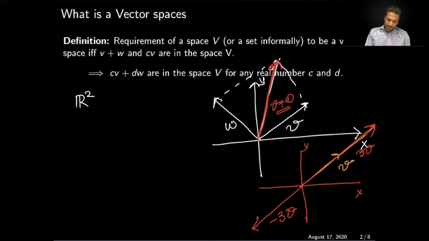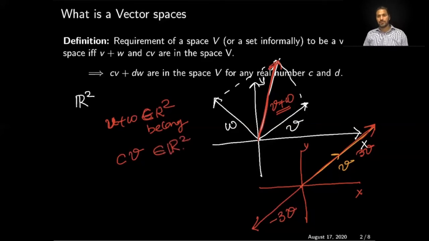So we can say that V plus W stays in R2. This symbol means belongs to. Or if you take any scalar multiplication, it is always going to be in R2. So R2 is a vector space. Similarly, another example you can consider is R3.